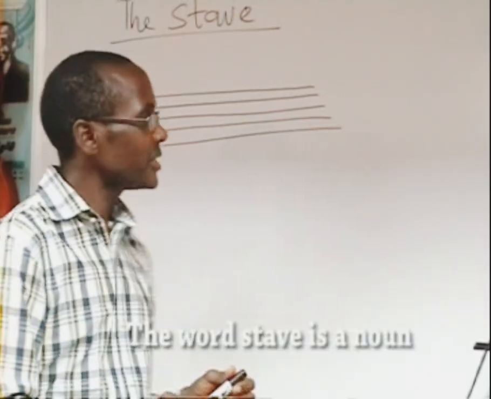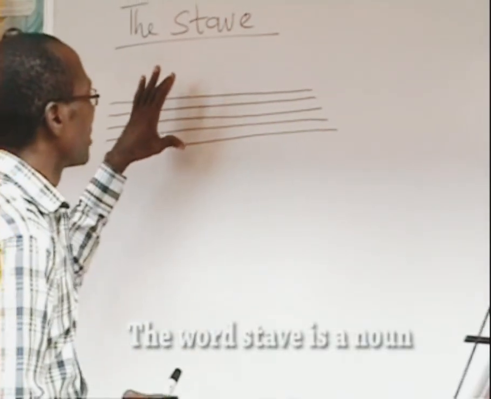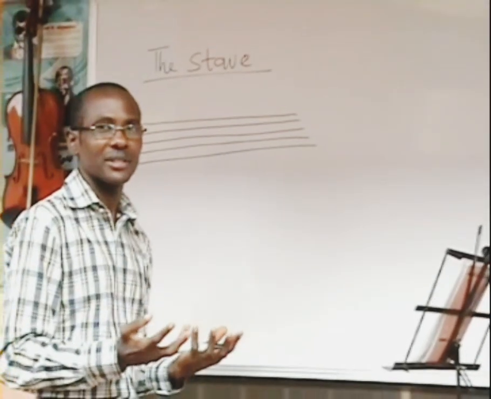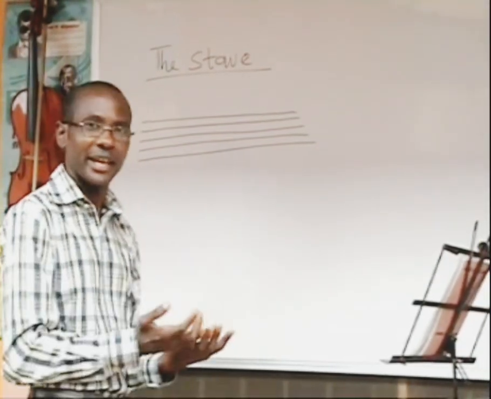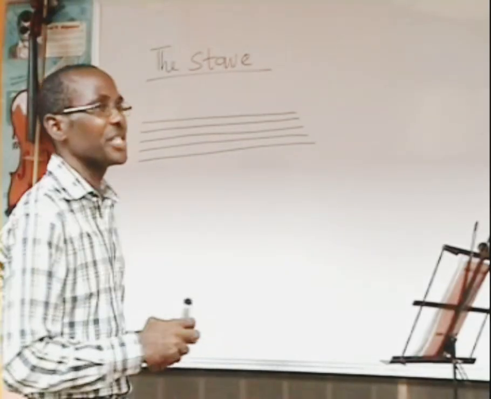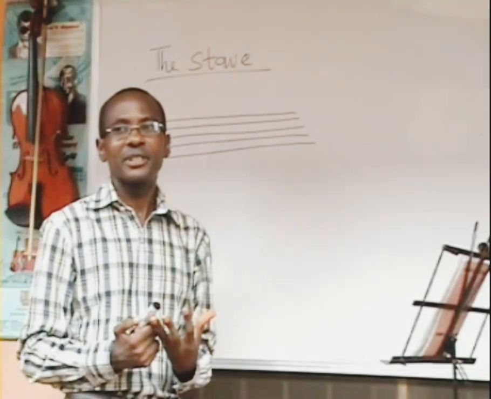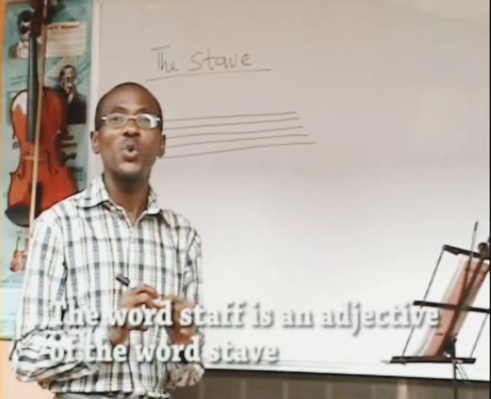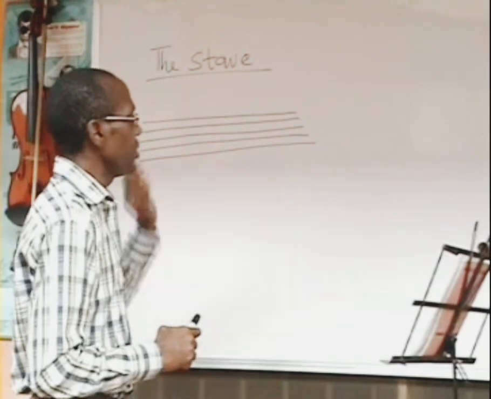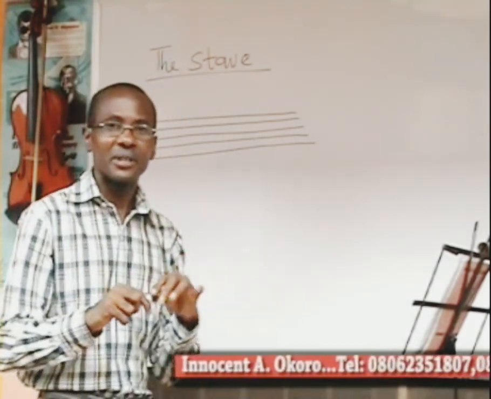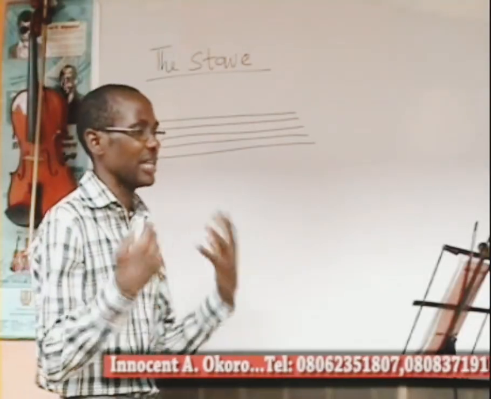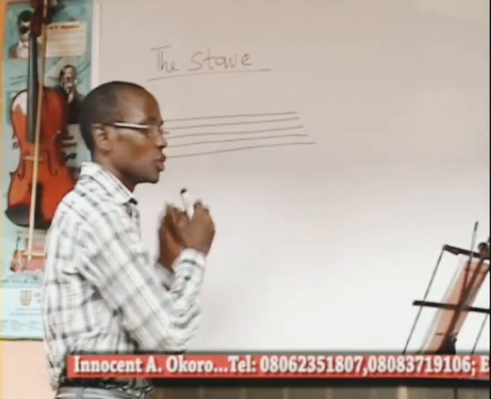The word stave is a noun. The noun form of what we're talking about, the name of a thing that we're talking about. There are times we say staff. Staff is an adjective of the word stave, and we use the word staff in connection with something. For example, you can say staff notation.